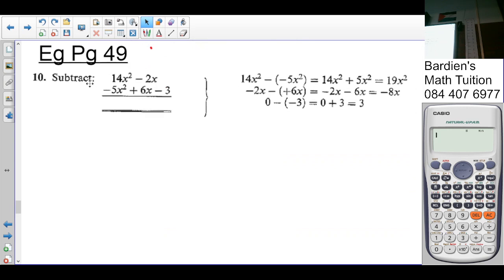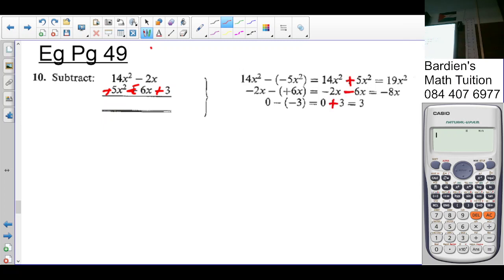Okay, the next question says subtract 4x squared minus 2x and negative 5x squared plus 6x minus 3. So if we subtract, what we do, we change the signs of the line. This minus becomes plus, this plus becomes minus, this minus becomes plus. Exactly what we have there. You see 5 became plus, 6 became minus, and 3 became a plus.